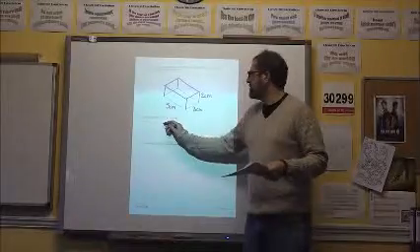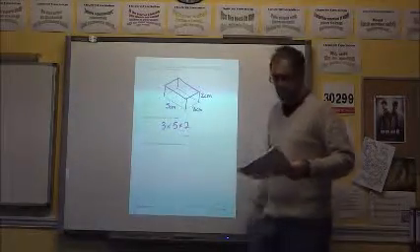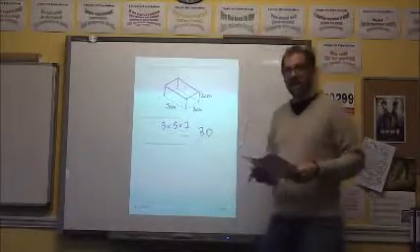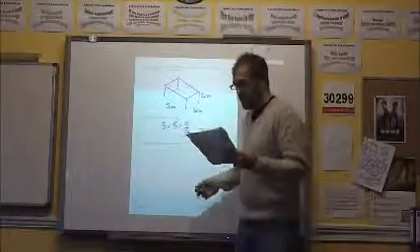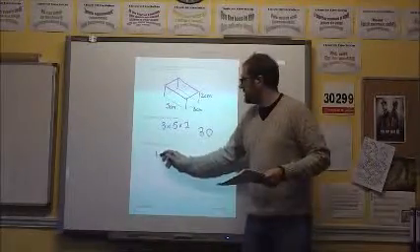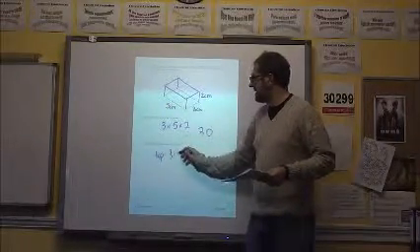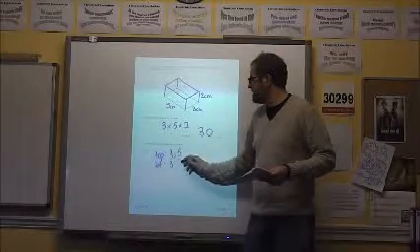The volume is the width times the depth times the height, which makes 30. And then the surface area, we need the area of all the faces. So if we go through them, we've got the top, which is 3 by 5. We've got the bottom, which is the same as the top.